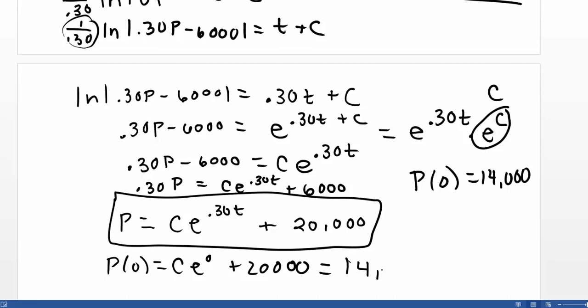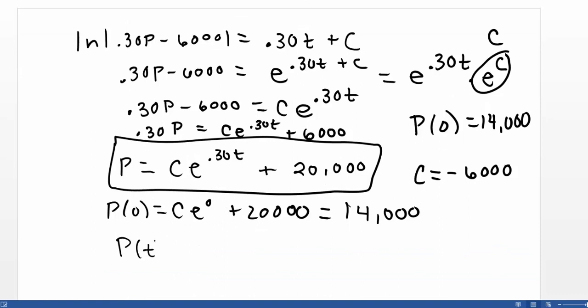We know that that will have to equal 14,000. Remember, e to the 0 is 1. So we have c plus 20,000 equals 14,000, which tells me that c has to equal negative 6,000.